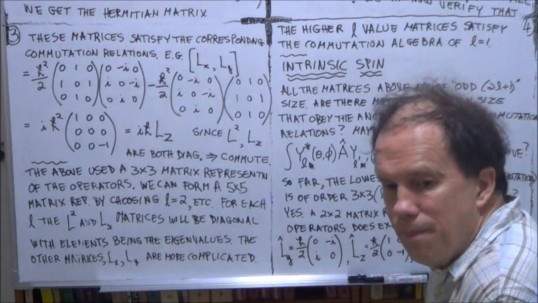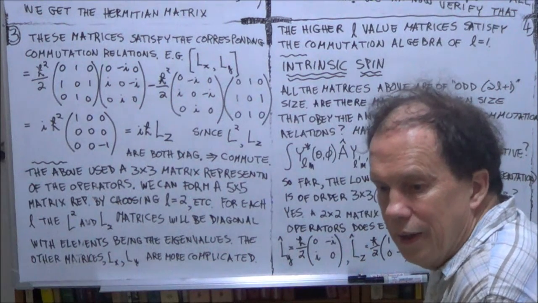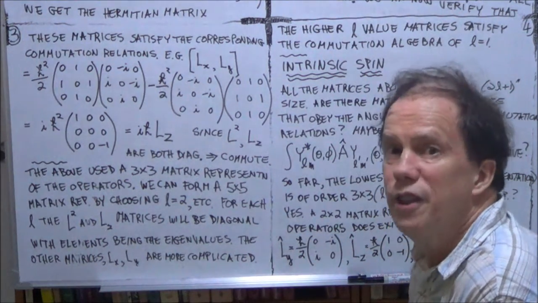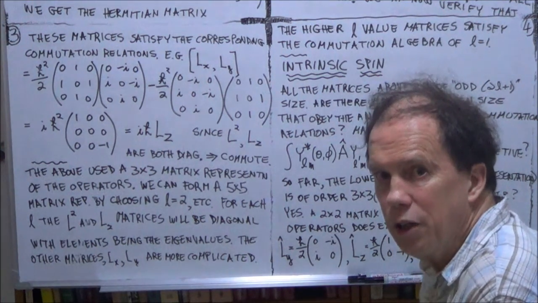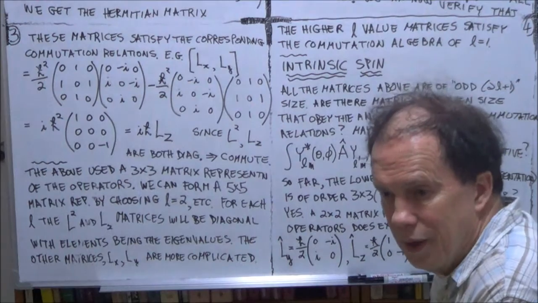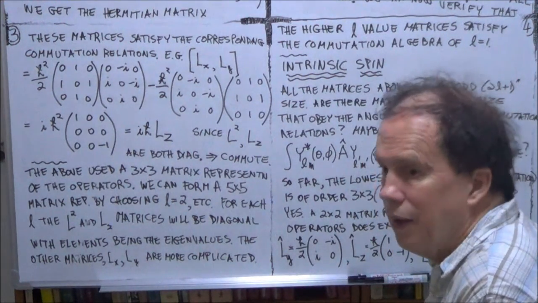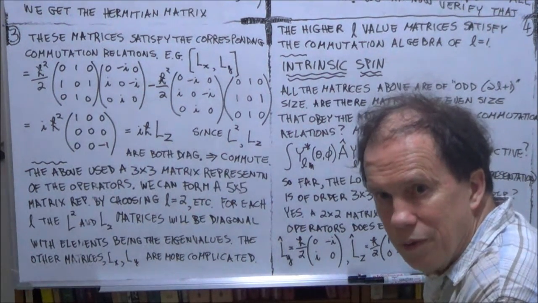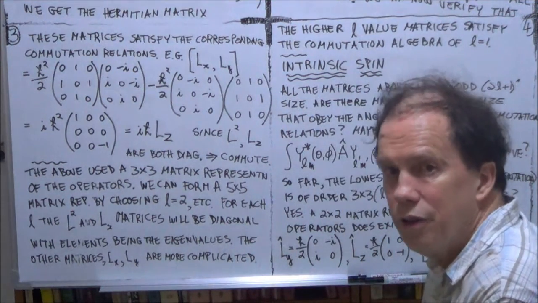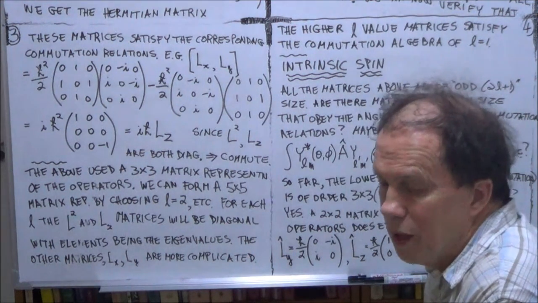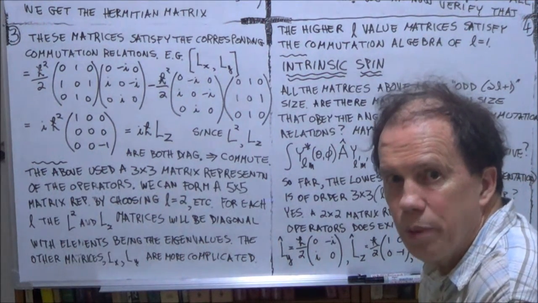Since M ranges over 2L plus 1 values, effectively we can have an infinite number of matrix representations of an angular momentum operator, because we just choose the L that we want, and then the matrix representation of that operator for large L will be a large square matrix of size 2L plus 1.